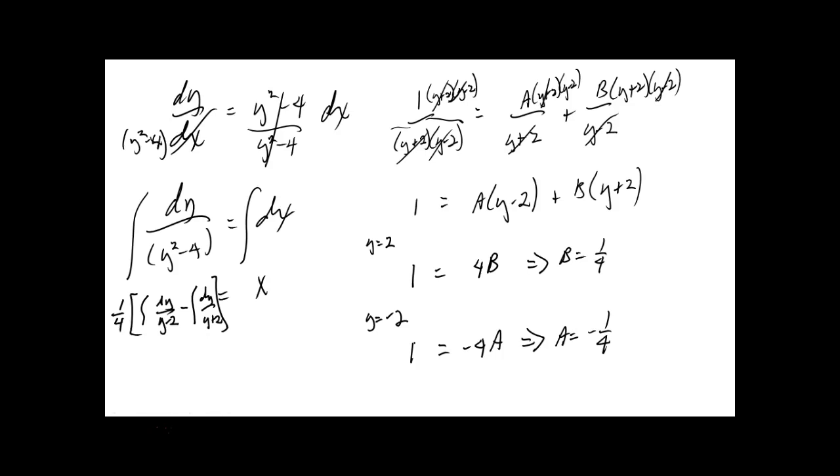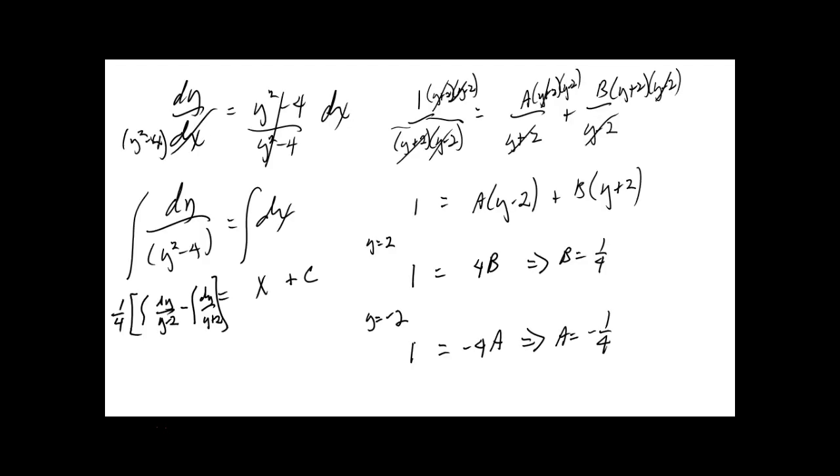Now, what we haven't done is a plus c. I'm not sure how to do the plus c, so I'm just going to leave it a plus c this time. You always, for indefinite integrals, do need that. And this isn't a boundary value or initial value problem, so we sort of have to do something with that.